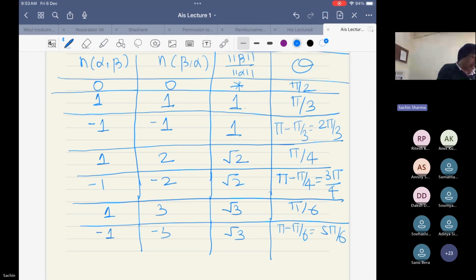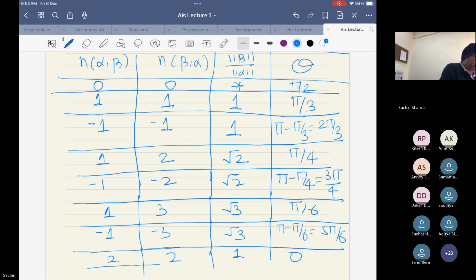And these remaining are the uninteresting cases. I will ask you why they are uninteresting. So this is 2, 2, 1, 0, 2, minus 2. But it is the same line.